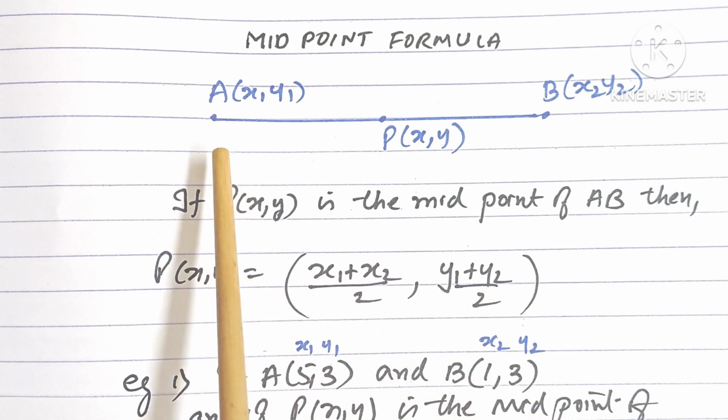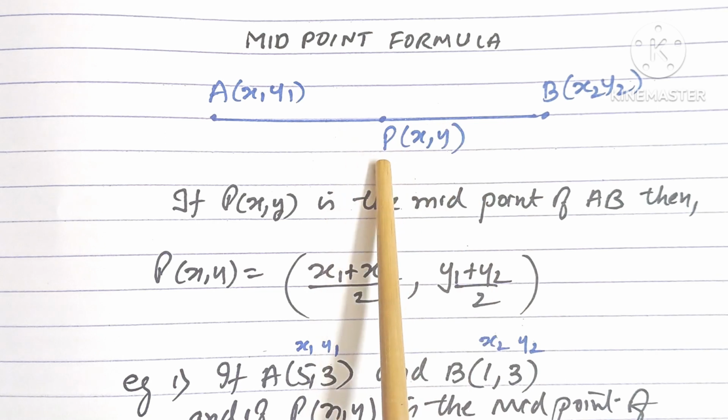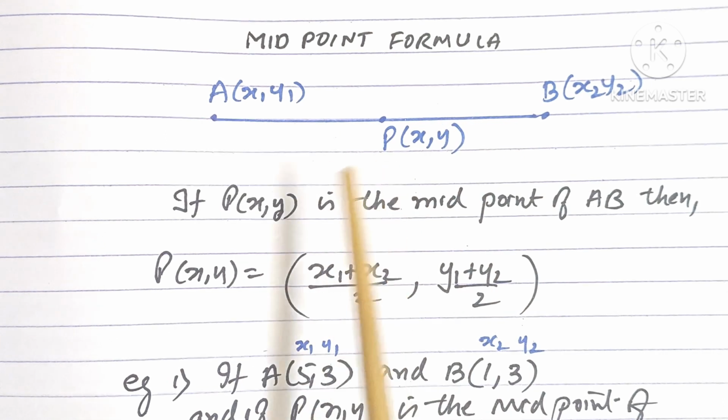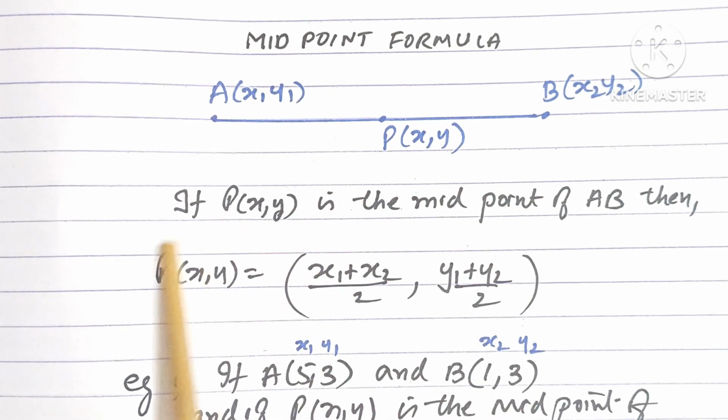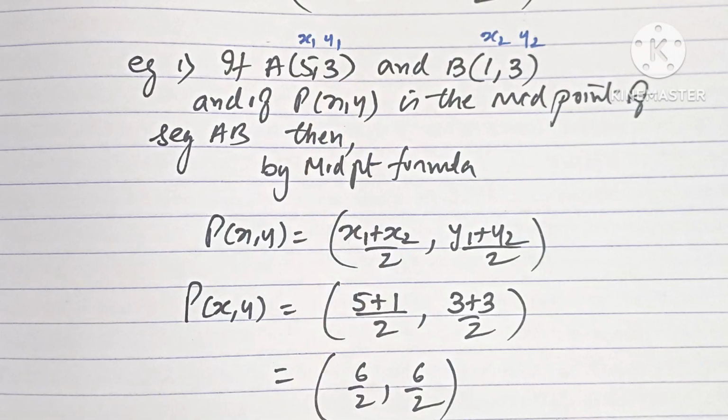That is, if the coordinates of the endpoints of the segment are known, then the coordinates of the midpoint of that segment can be determined by this particular formula, and that is called the midpoint formula.